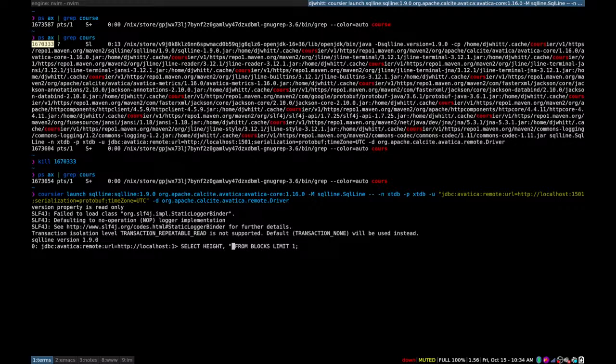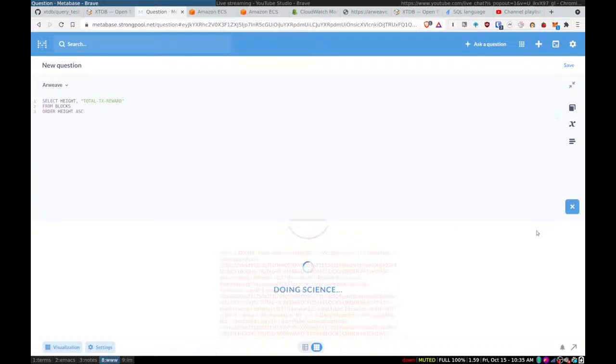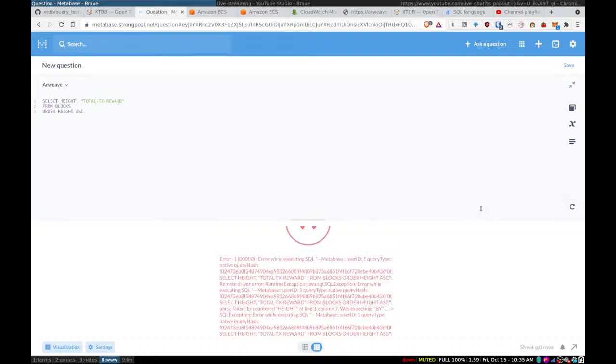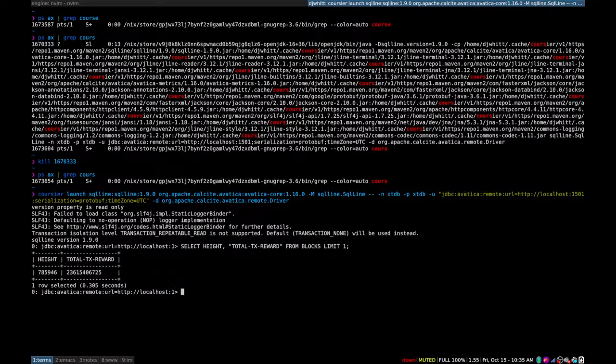Okay, height and total TX reward. Oh, it could be this thing actually. Let me get rid of that. Let me just run that. Nope. All right, I'll go back here. Total TX reward. Interesting. Okay, what's different?